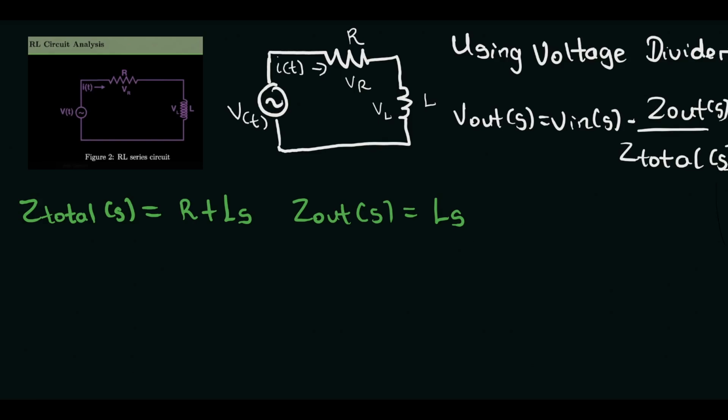V out is equals to V in of S multiplied by, what's your V out? That's LS over R plus LS.